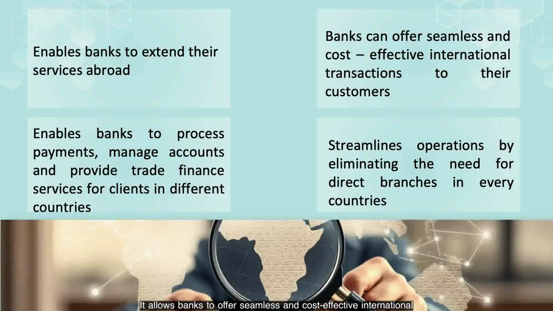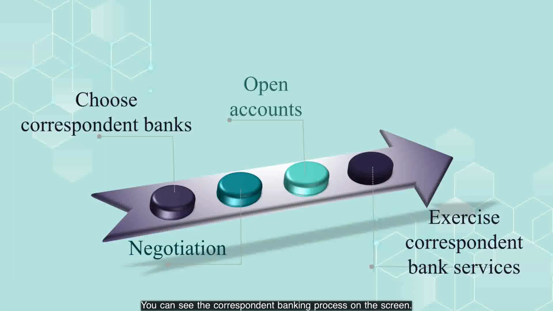It allows banks to offer seamless and cost-effective international transactions to their customers without the need for direct branches in every country. You can see the correspondent banking process on the screen. The first step is choosing a bank abroad to be the correspondent bank. It should be a high-reputation and popular bank in the foreign country.